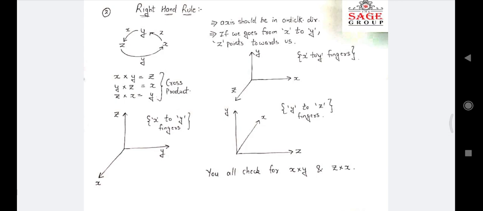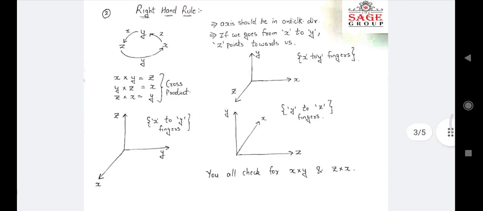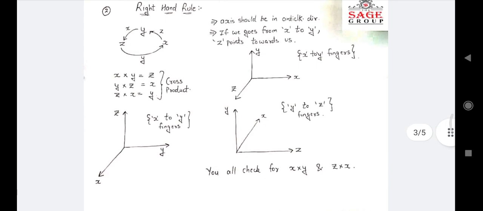These three cross products maintain the order. For x to y on the curling fingers, z is the direction of the thumb; for y to z on the curling fingers, x is on the thumb; for z to x on the curling fingers, y is in the direction of the thumb. So you can see I have given three examples over there.